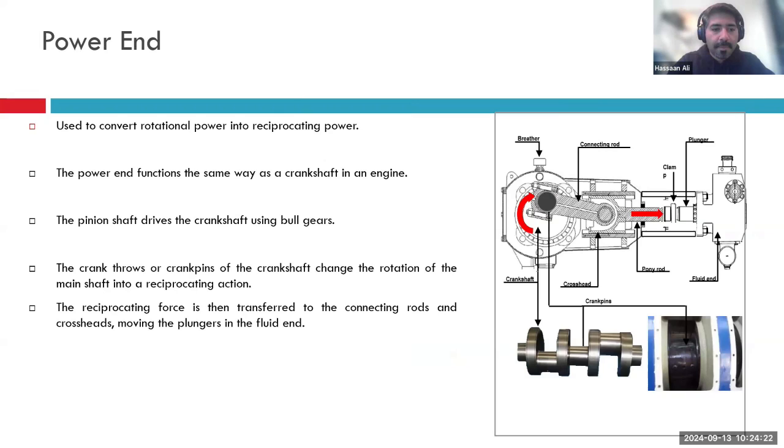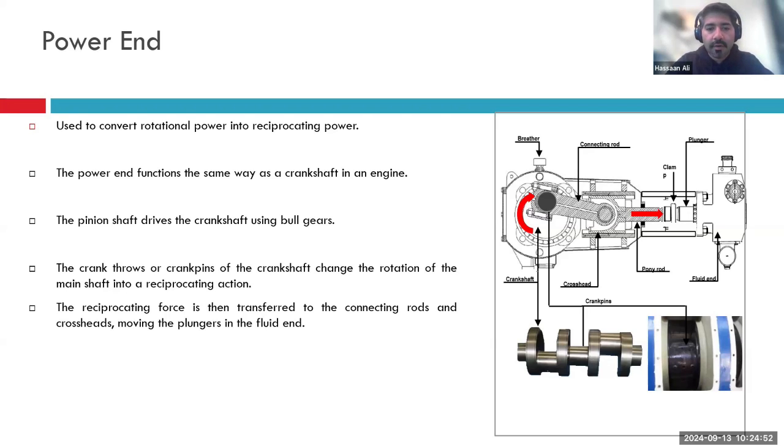One of the things about the power end is that this is your crankshaft right over here. You will have your bearings over here. You will have a breather. The breather is to ensure that, because there is oil over here, if there is any overpressure situation or a huge pressure differential that is created, then the breather will allow the air to come in and equalize the pressure.